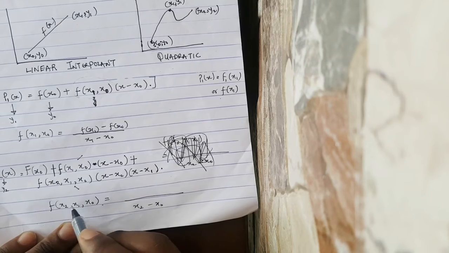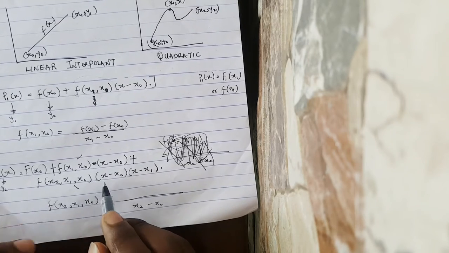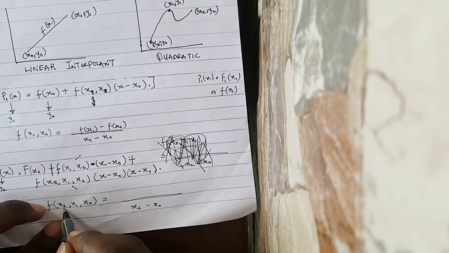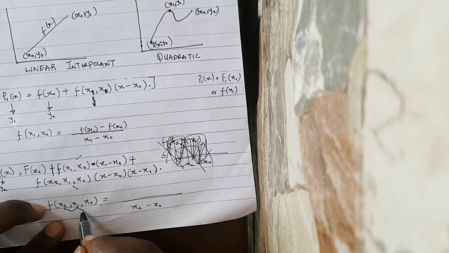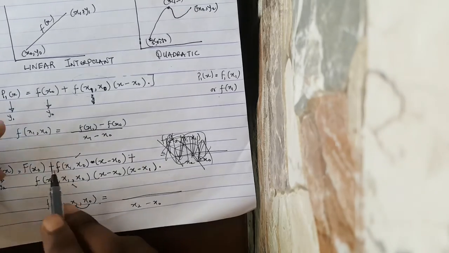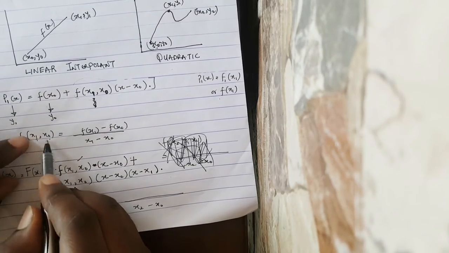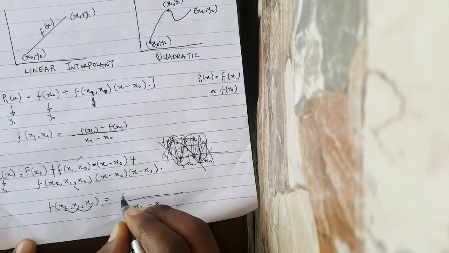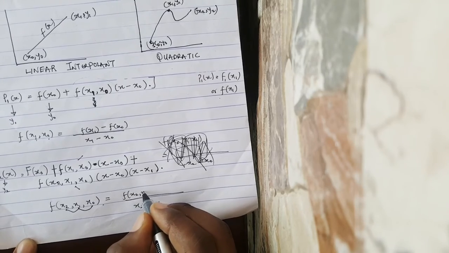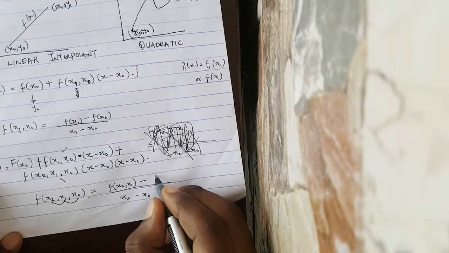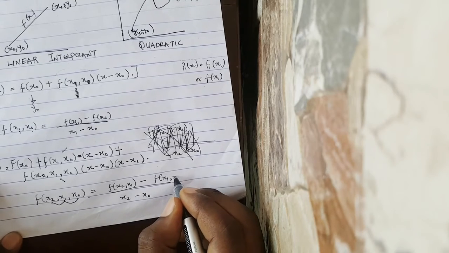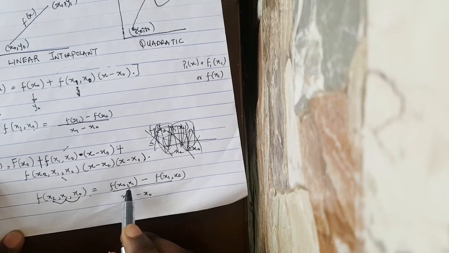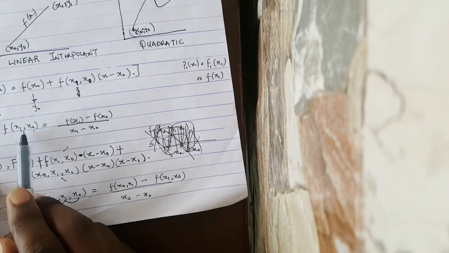The two values I'm talking about are going to be from x2 to x1 and x1 to x0. Remember, for the previous one it was just x1 and x0 because it was one data point, but for this one, since it is two, it will be a function of x2, x1 minus f of x1, x0. So if you're going to find your f of x2, x1, x0, just do it this way.